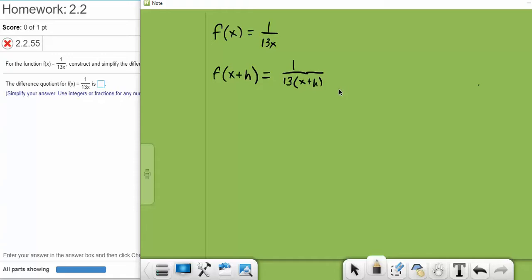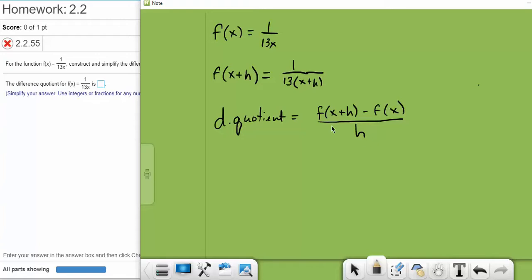And do we need to distribute that? No, let's just leave it that way. Okay, so for the difference quotient, we get f of x plus h minus f of x over h.